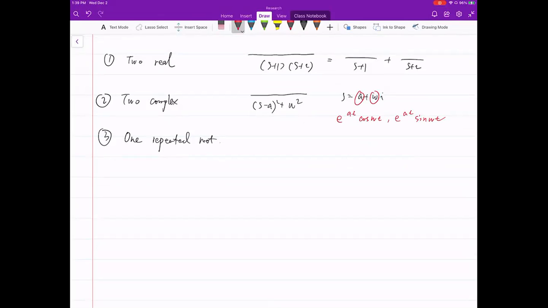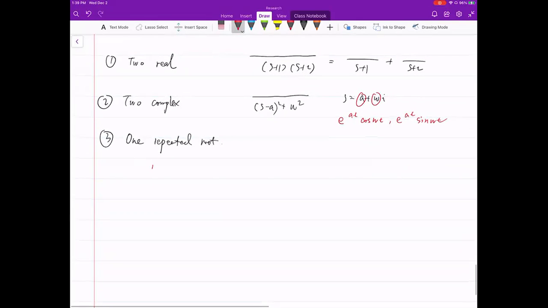Beautiful. Last case. What do you mean by you have one repeated root? That means you have something like this. All right. Do you remember how to do the partial fraction for this? Actually, I shouldn't put a 1 here.